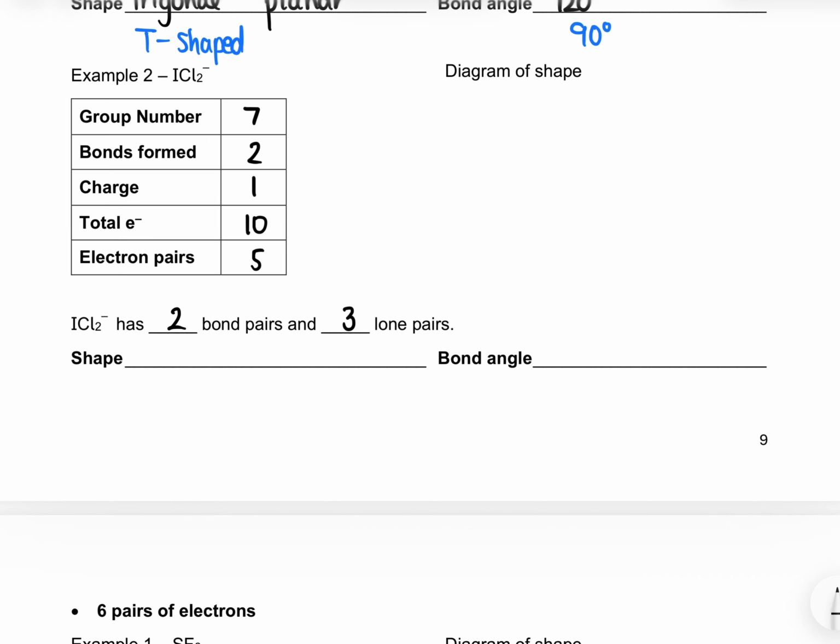Now, if we've got 2 bond pairs and 3 lone pairs, and we think about the iodine in the middle, we would have had this shape for 5 pairs. So we're based off the 5 pair shape, but 3 of them are lone pairs. The biggest repulsion is around the middle where they're 120 degrees apart. So we go 1, 2, 3.